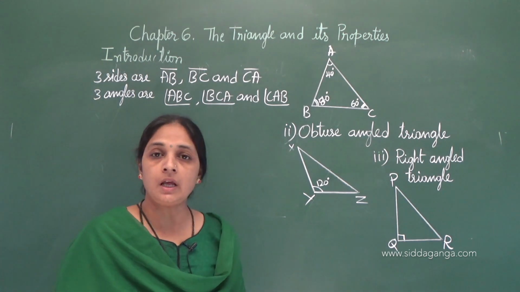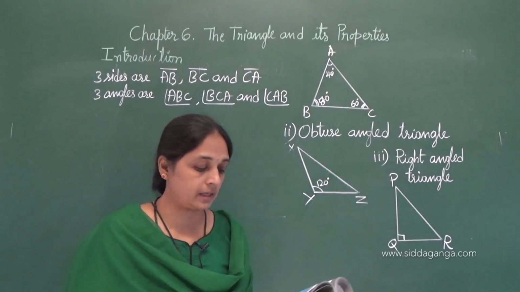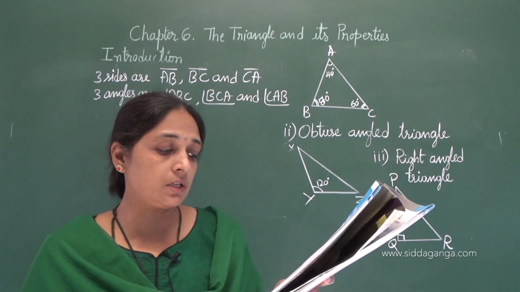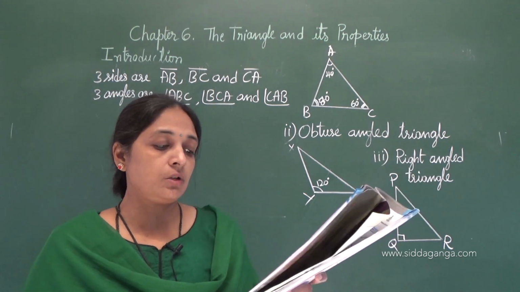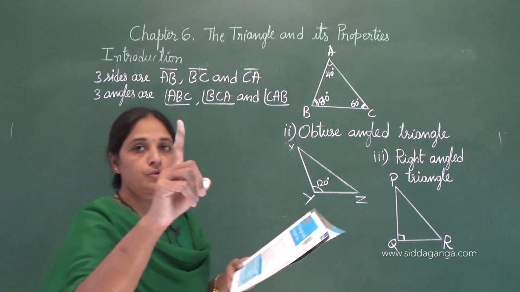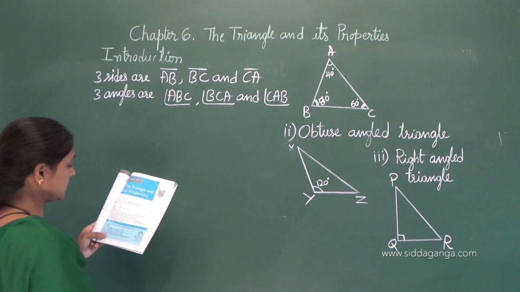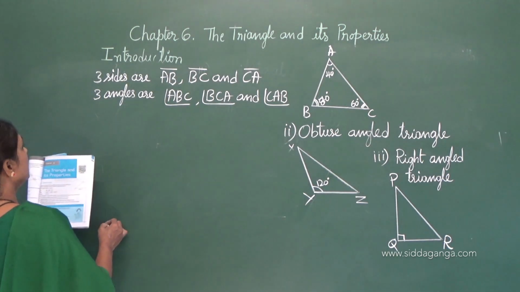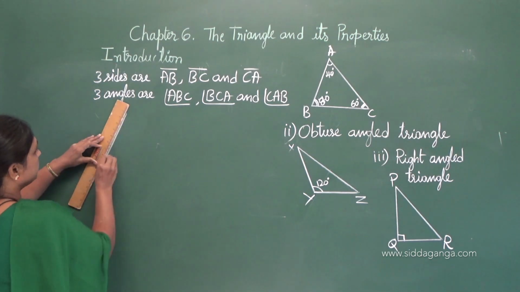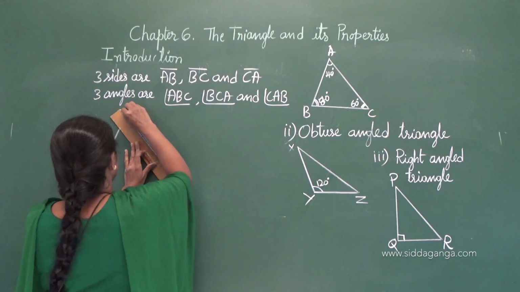If they name it PQR, then you have to take PQ, QR like that. The second one they have given is the side opposite to the vertex Q of triangle PQR. Draw a triangle PQR like this, simply, without any measurements.